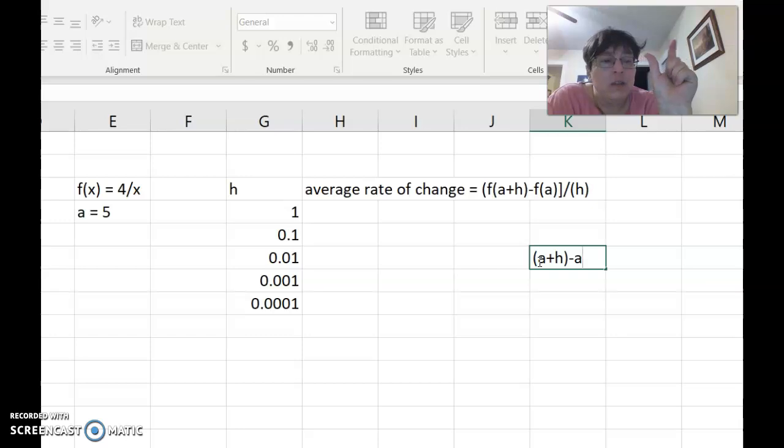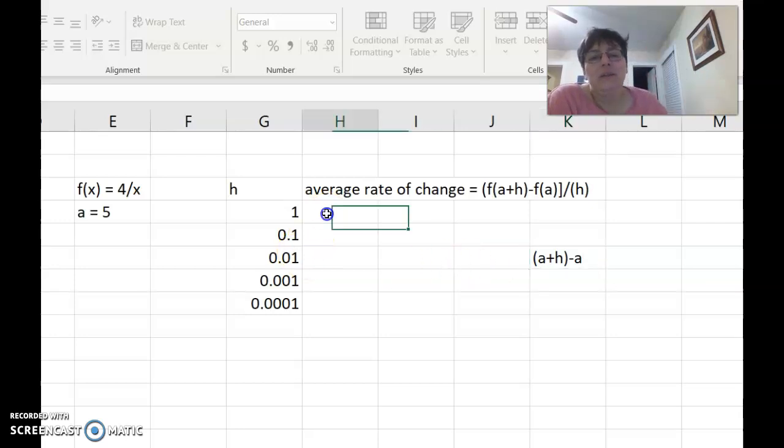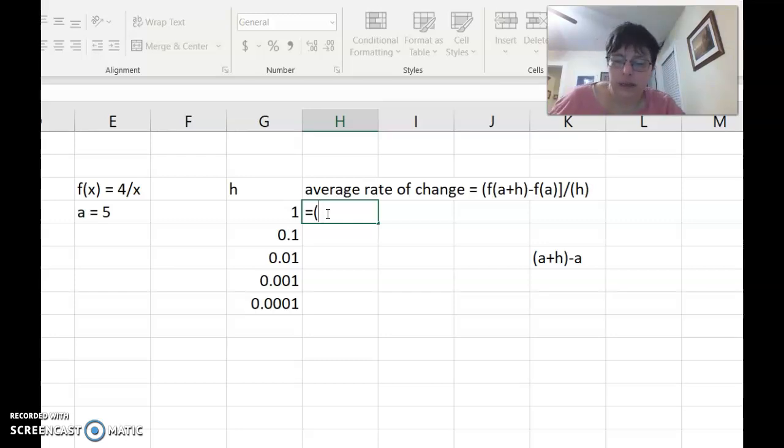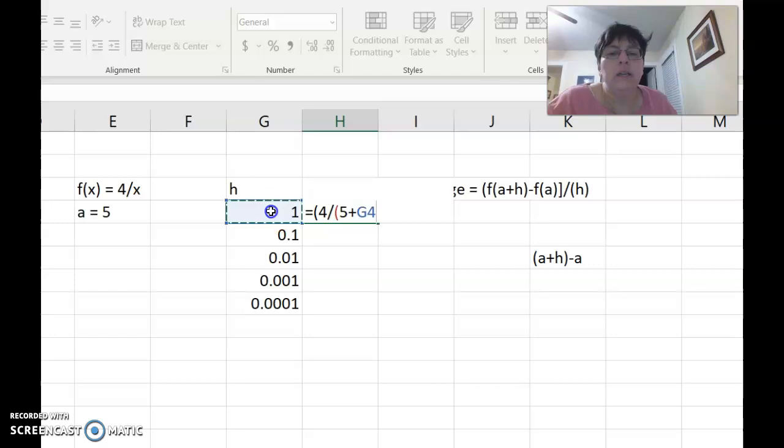And you can see that h is going to get smaller and smaller and go down to what we call instantaneous. So I put in the function. I'll need a couple parentheses. I don't need a parenthesis yet. So the function itself is 4 divided by, and then we put in a, which is 5, plus h.